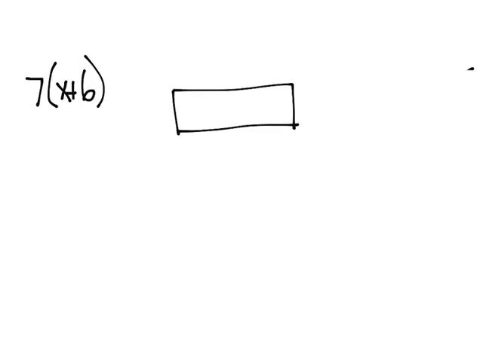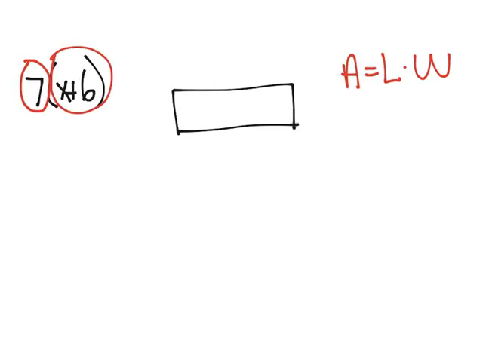Now, as we look at this, we're going to instead think of this box as a representation of area. Area is length times width. If we look back to our original problem, 7 times x plus 6, we can see that we have 2 pieces multiplied together. So in some cases, we could say that we have one value multiplied by another.